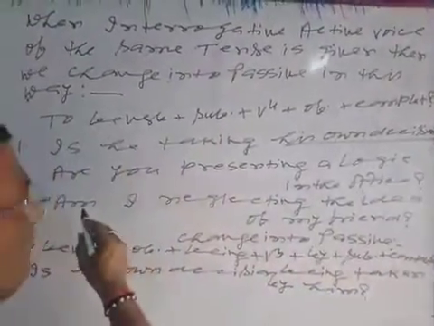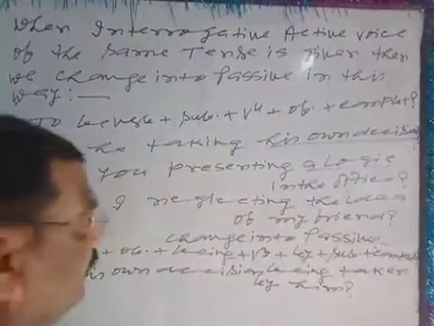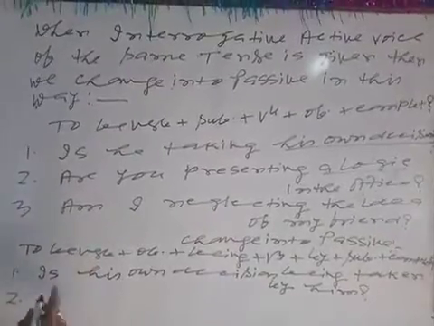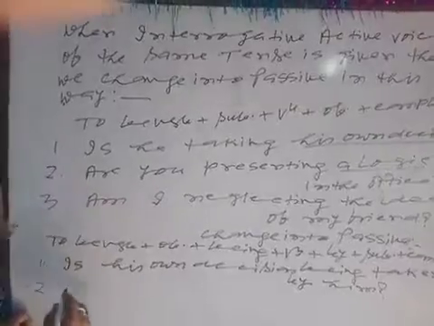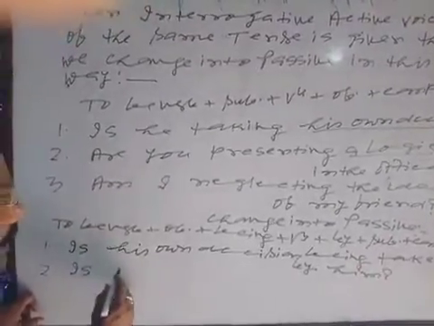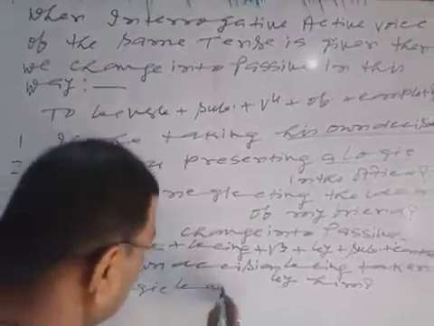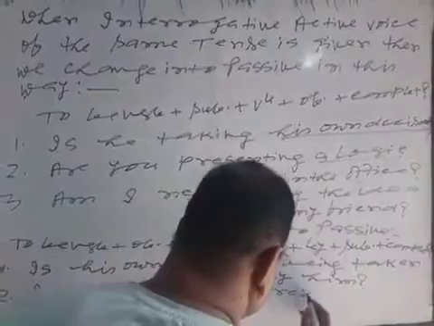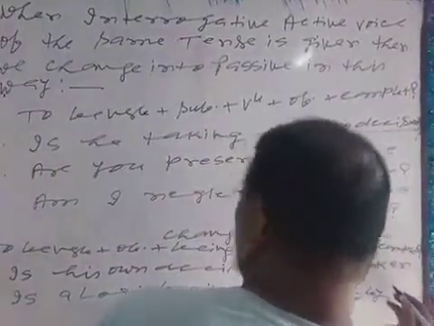In the second sentence, a logic is an object and it belongs to singular. According to the object, we use to be verb. Is a logic being presented by you?